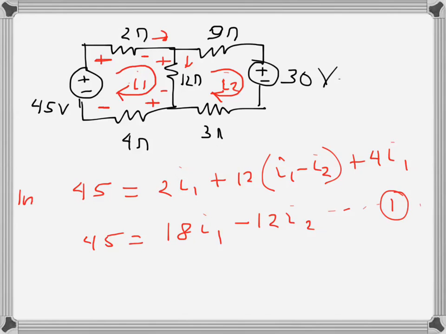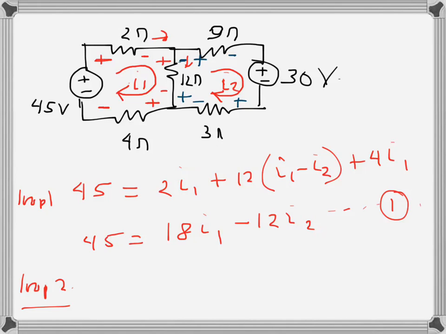So this is one equation, and then we write the KVL equation for the second loop. So this is for loop 1, and this is for loop 2, or mesh 2. Since the current is counterclockwise in this loop, the drops are like that.